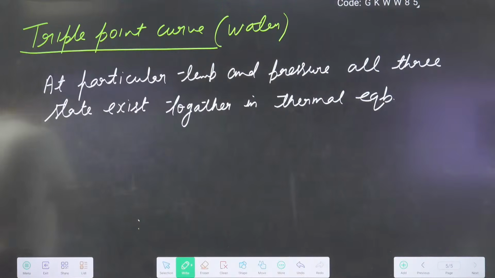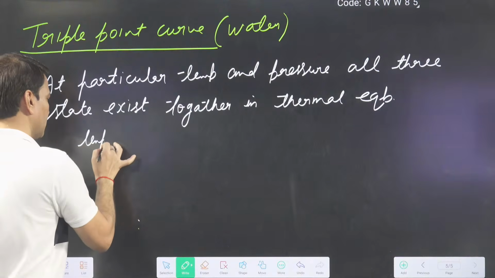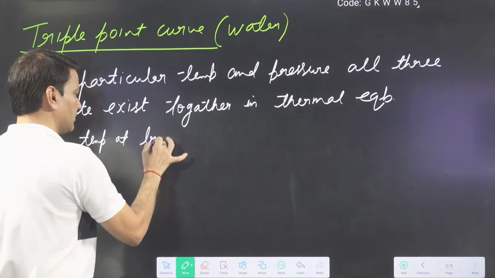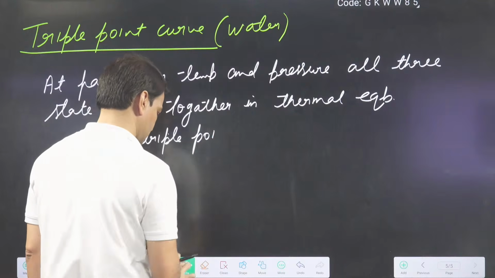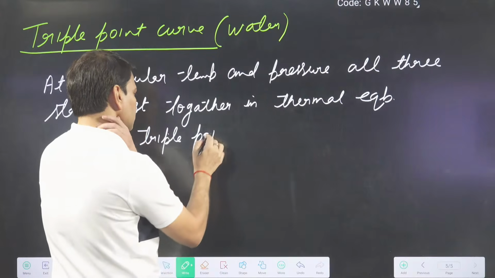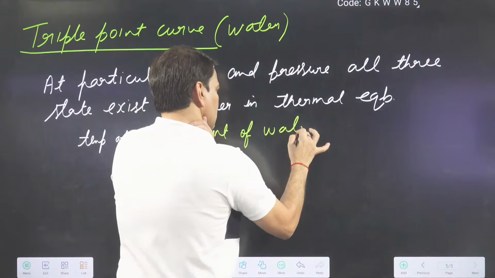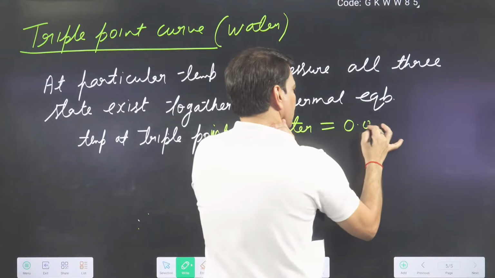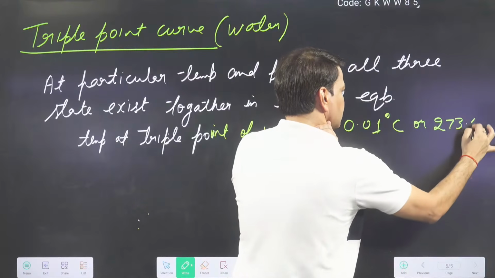Okay, so for water, temperature at triple point of water is equal to 0.01 degree C, or we can say 273.16 Kelvin.